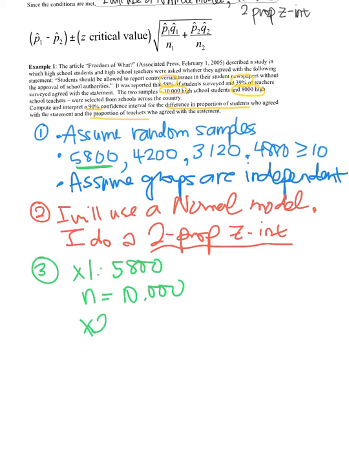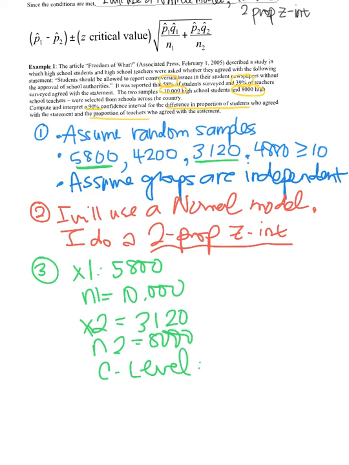Your x2 is how many teachers said yes, and we already found that at 3,120. And then your n2 is the 8,000. And then your confidence level is going to be that 90% from the problem, 0.90. And then press calculate.